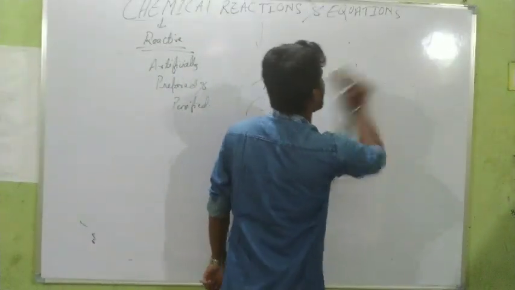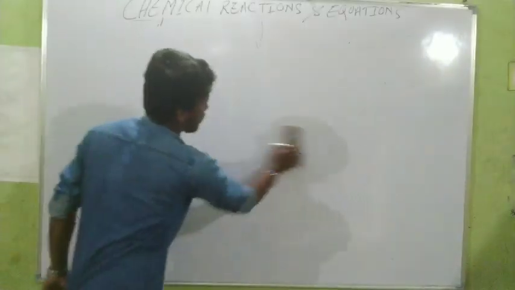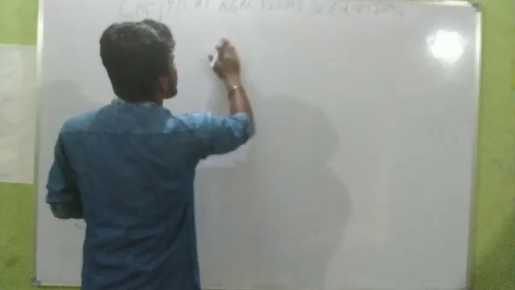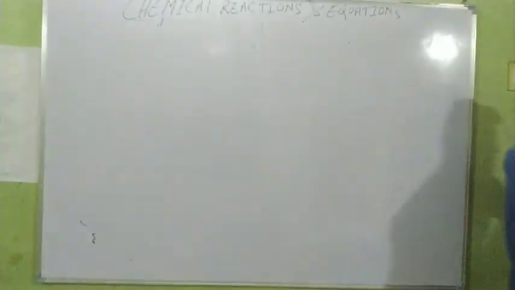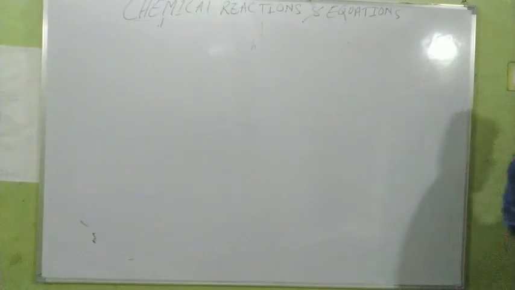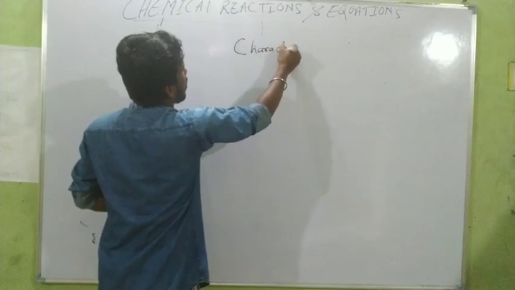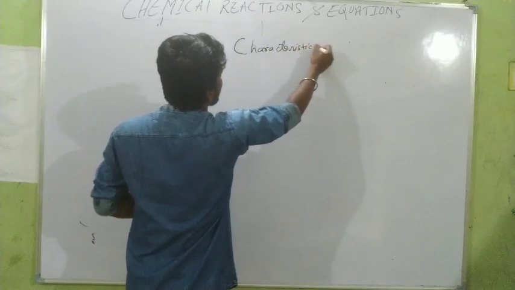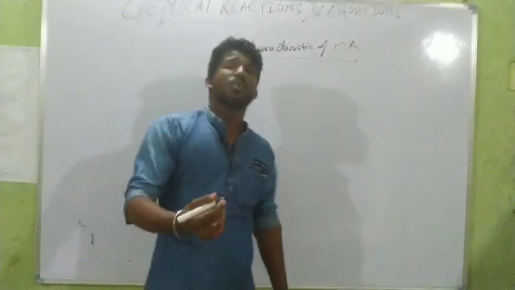So how will you know that a chemical reaction has taken place? We call this the characteristic of a chemical reaction.